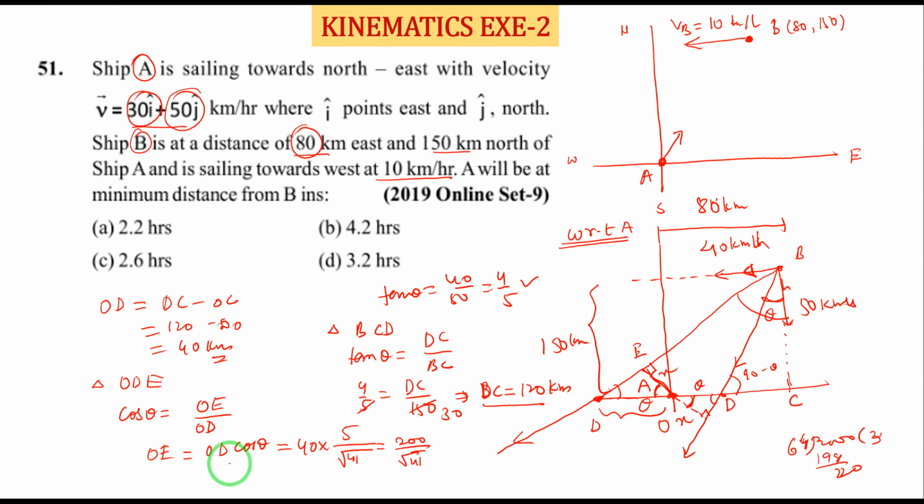So this OE will be written as OD into cos theta. OD is 40 and cos theta will be 5 upon root under 41. When you solve it, we will get it approximately, means 200 upon root under 41 can be taken as 6.4, and after solving it approximately we will get 3.2 kilometer, right? And so D will be the answer to this.